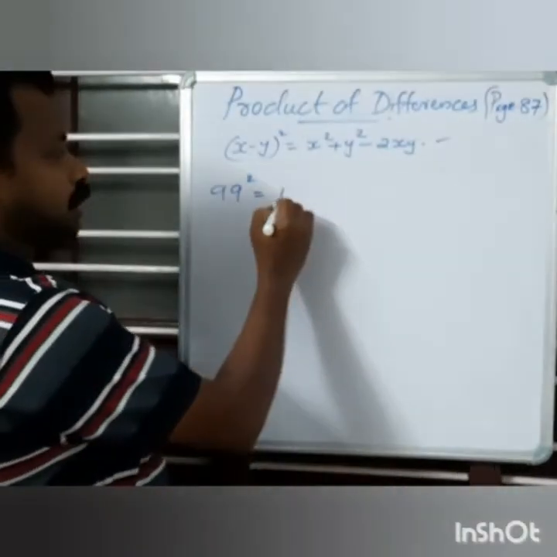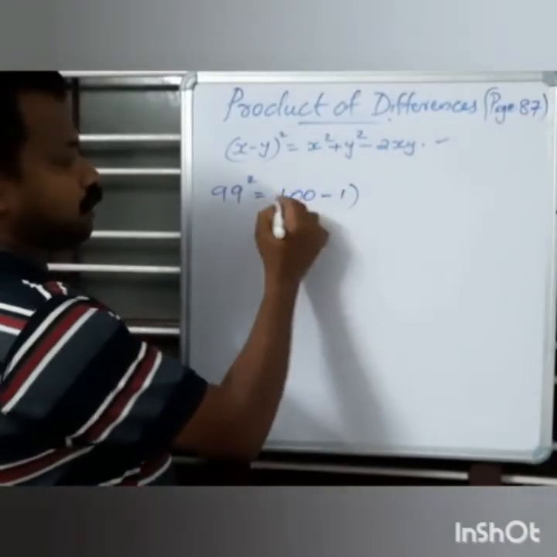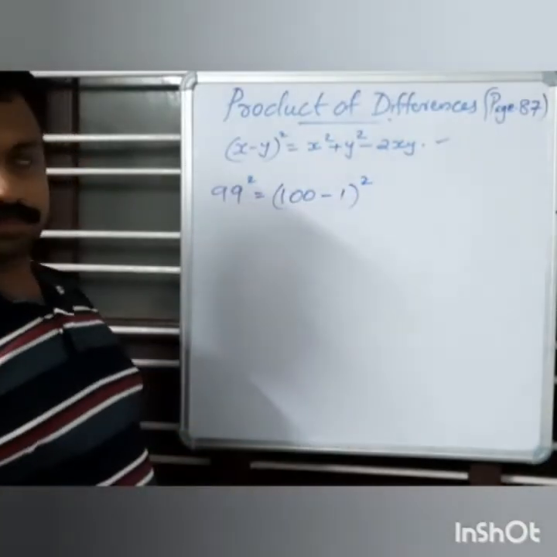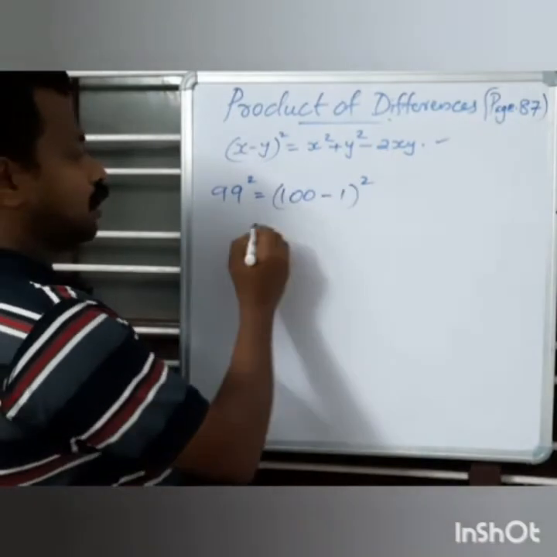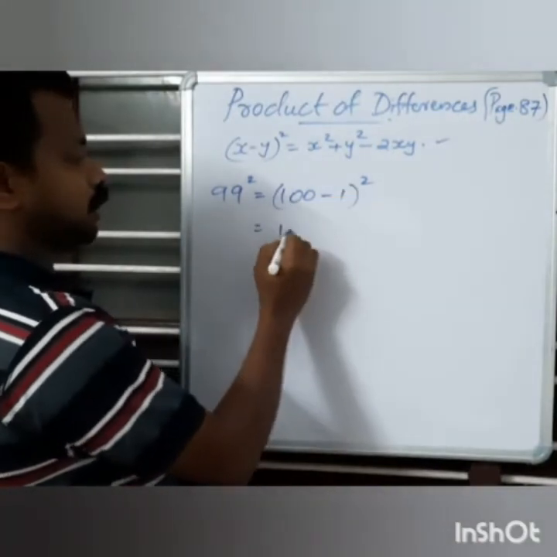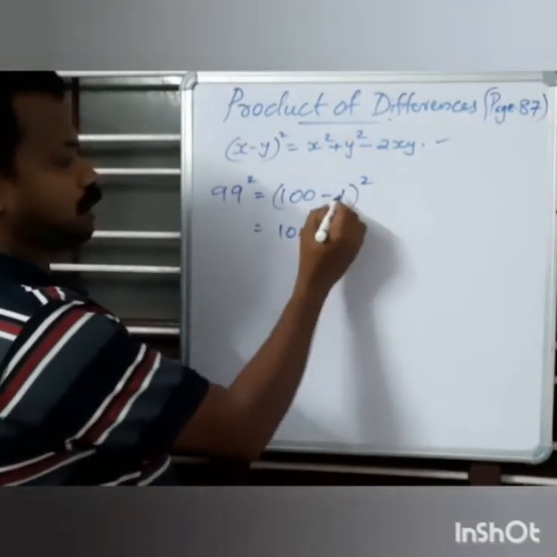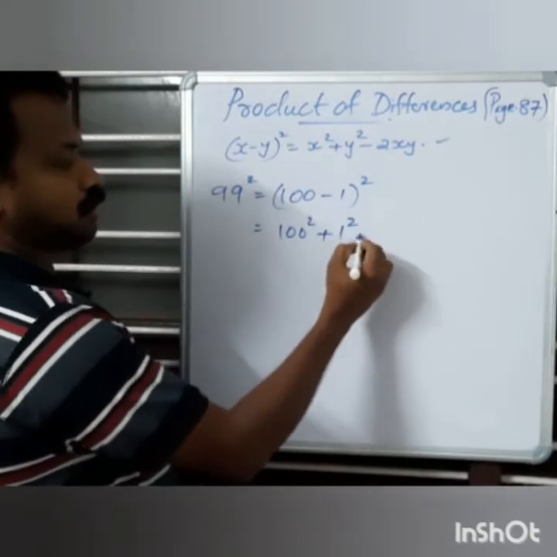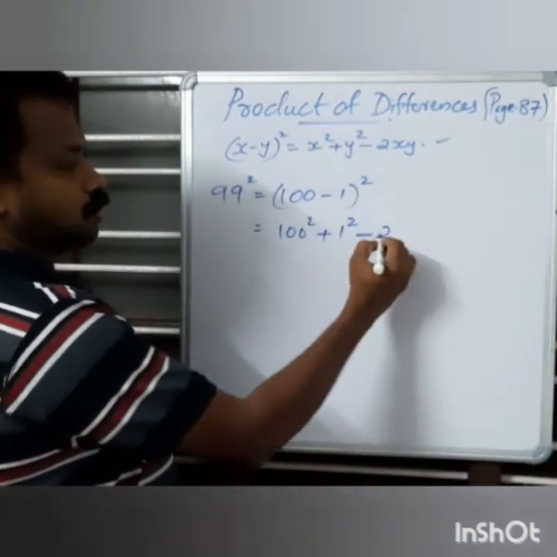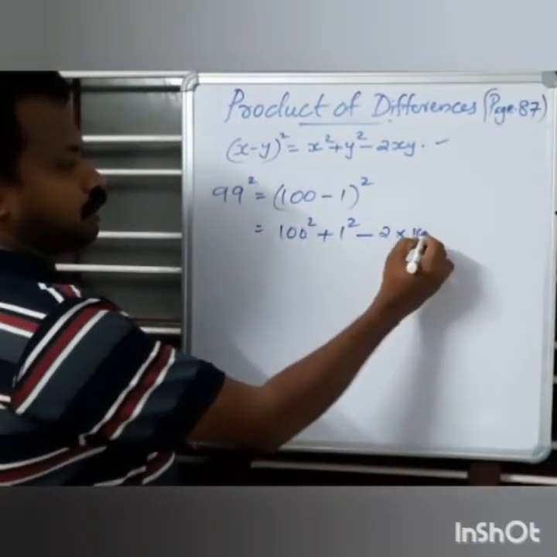99 square you can write as 100 minus 1 whole square. So it is x square, that is 100 square, plus y square, it is 1 square, minus 2 into 100 into 1.